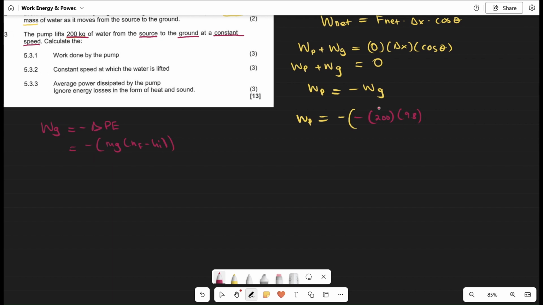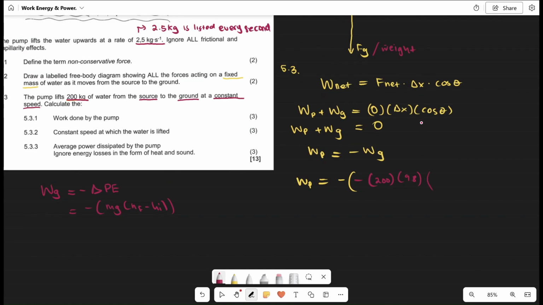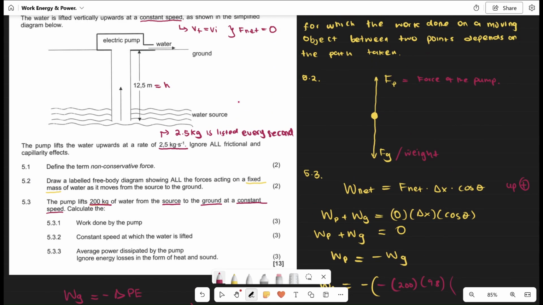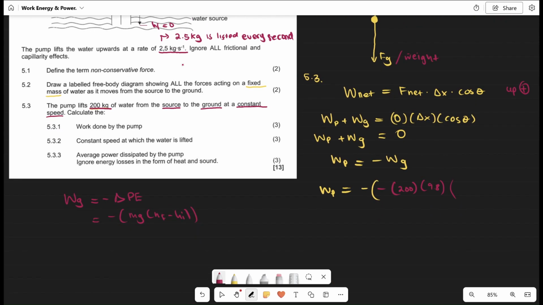Then our difference in height, since we said let's take up as positive, our initial height is 0, and our h final is equal to 12.5, right? So that means we are up 12.5 meters, that is positive 12.5. So this is 12.5 minus 0, right?